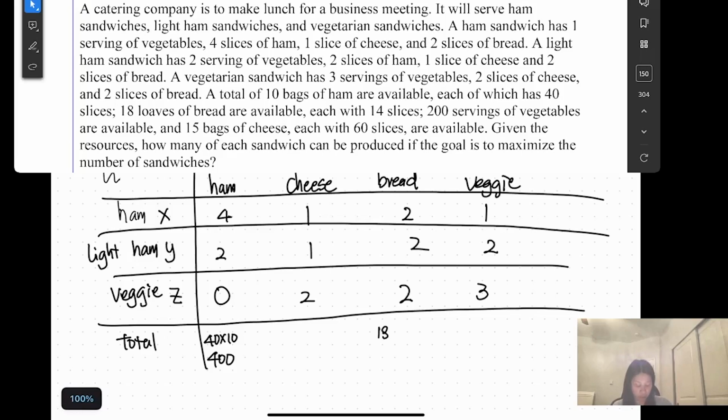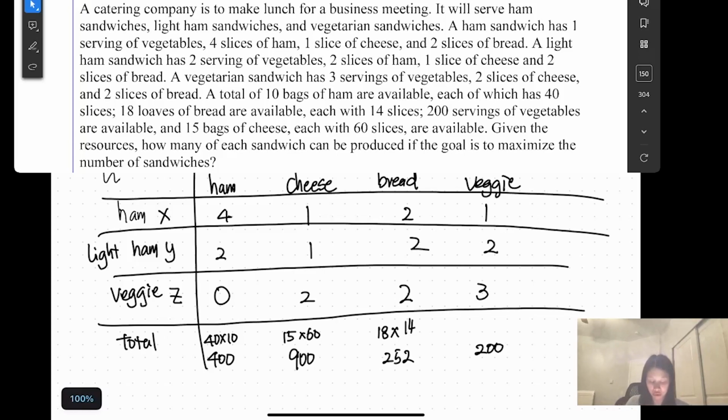So bread, we have 18 times 14, which is 252. And veggie is totally 200 servings of veggie, and cheese is 15 bags of cheese with 60 slices per bag. So total is 900.